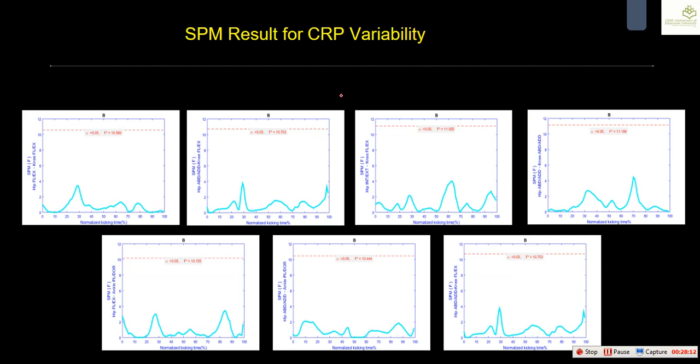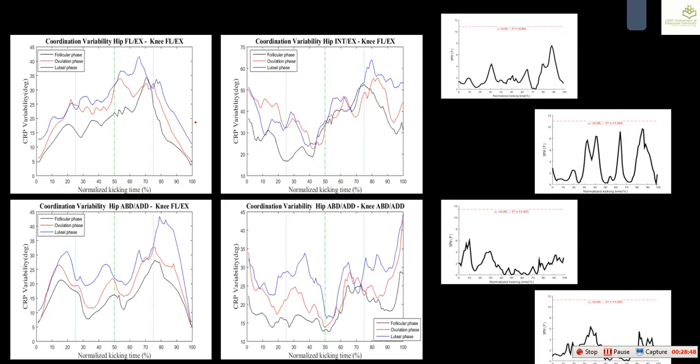We compared the result of coordination variability, or CRPV, by SPM methods. SPM methods compare 100 data points at the same times between different menstrual cycles. However, after running the SPM on the coordination variability, we couldn't find any significant differences in CRPV between any cycles of menstrual cycles.